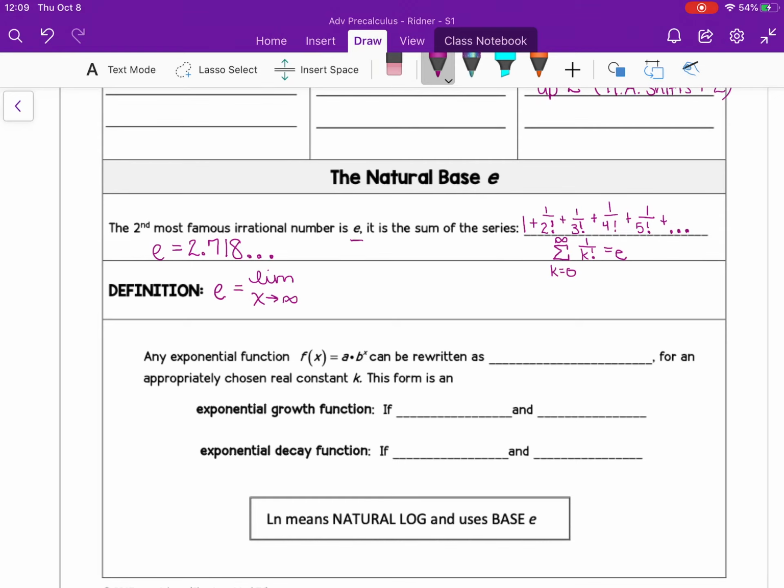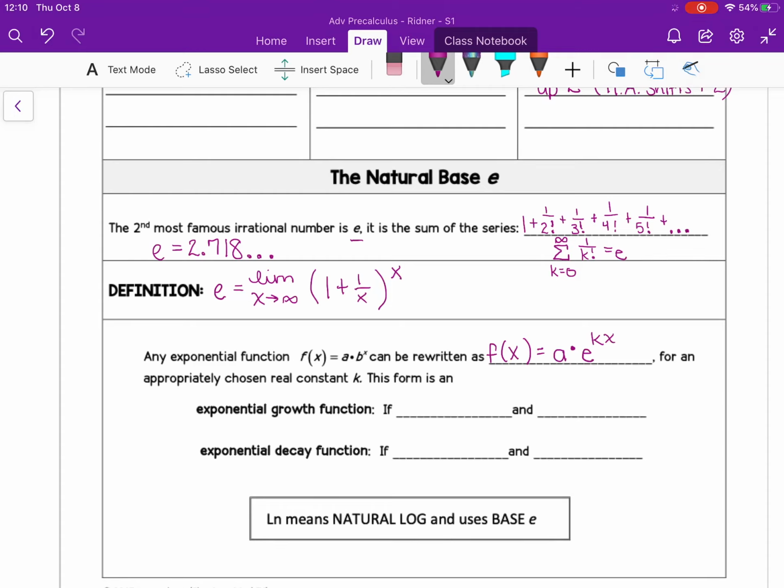So the limit as x approaches infinity of 1 plus 1 over x to the x is another definition. Again, that's a little more than what we're talking about. For us, you just got to tell me when to use E. So here's an example. Typically, E is our base, and then we have it raised to some exponent.